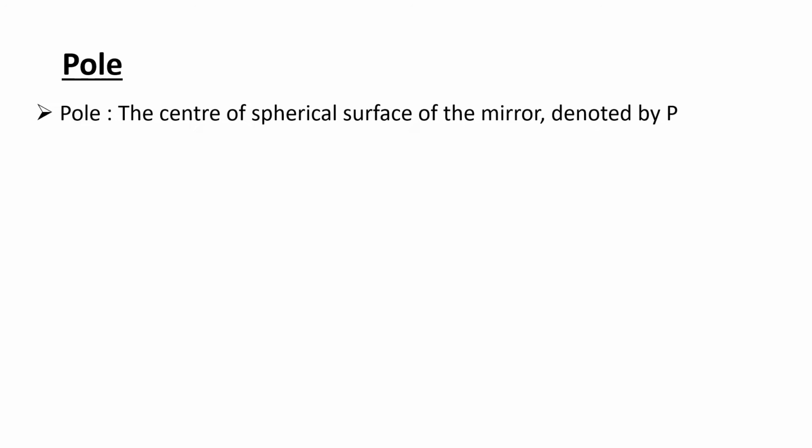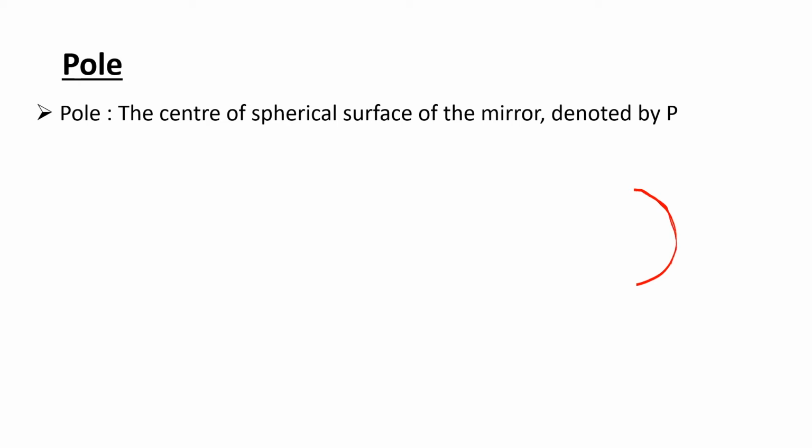Now let us learn some of the terms of spherical mirrors. The first term we are going to learn is pole. What do you mean by pole of a mirror? Pole of a mirror is the center of the spherical surface of the mirror. Suppose this is a concave mirror. This is the spherical surface.